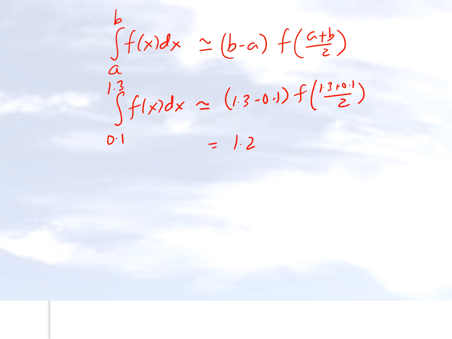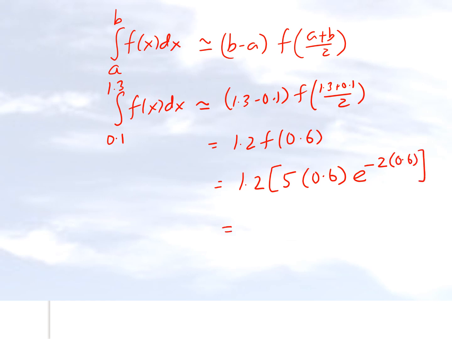So I get 1.2 times the value of the function at 0.6. And since we know that the function is 5x e to the power minus 2x, evaluated at x equal to 0.6, this value turns out to be equal to 1.0357. So that's part A.